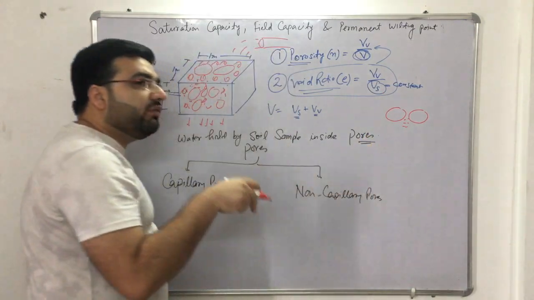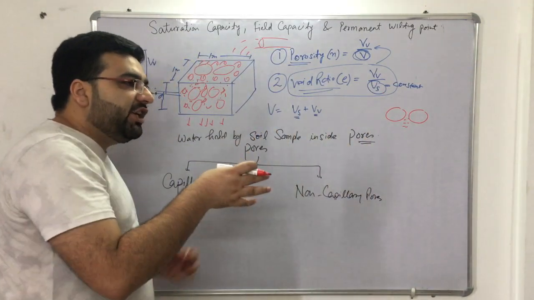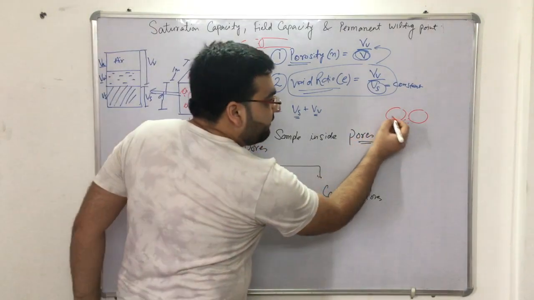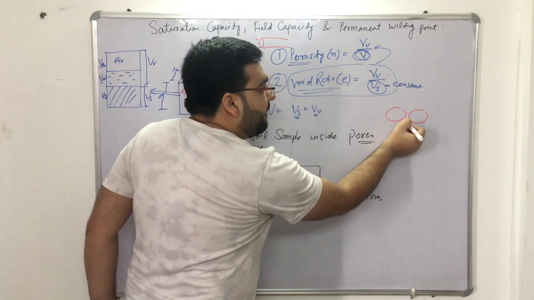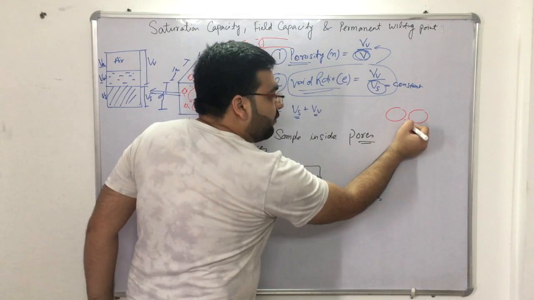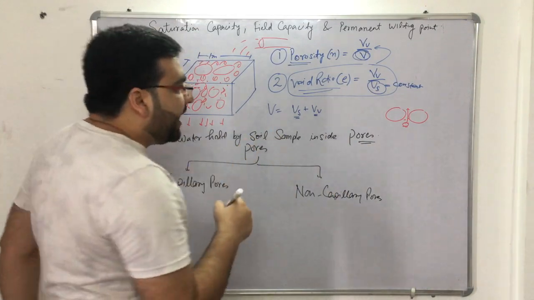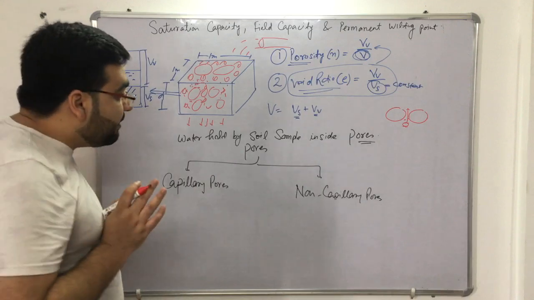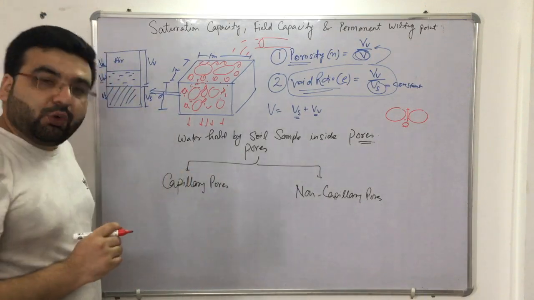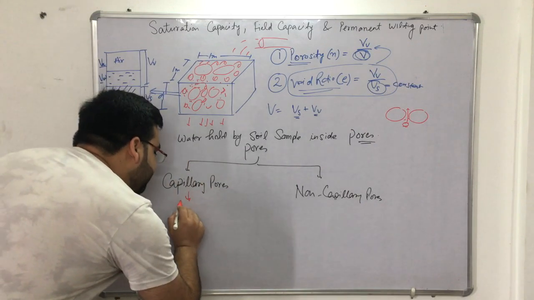Due to the force of adhesion, the force of attraction between two different molecules, between the water and the soil particle, the water will rise up, due to surface tension also. This is known as capillary action, if you remember. So we have capillary pores, and it has been found that they are small in size.